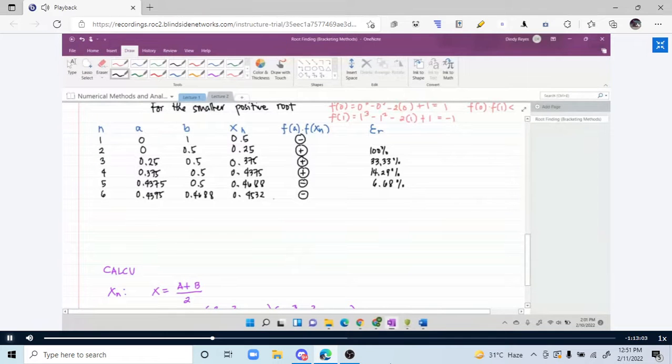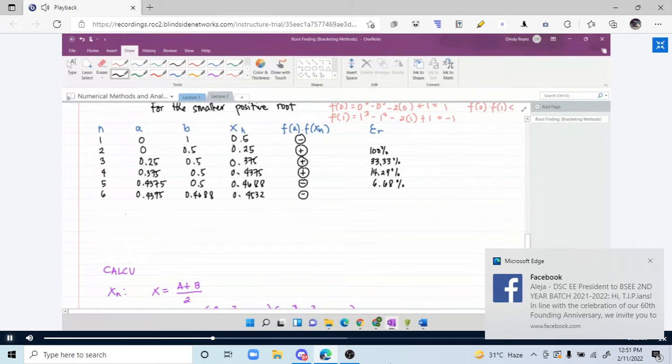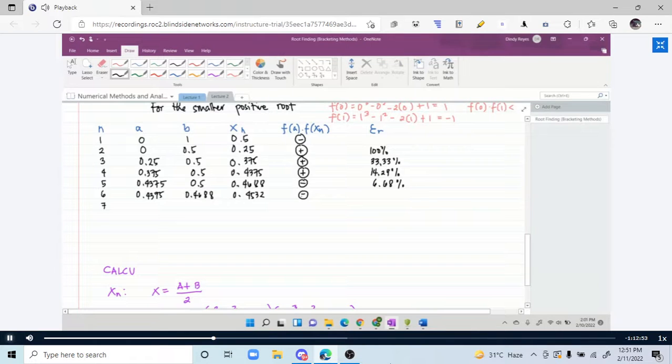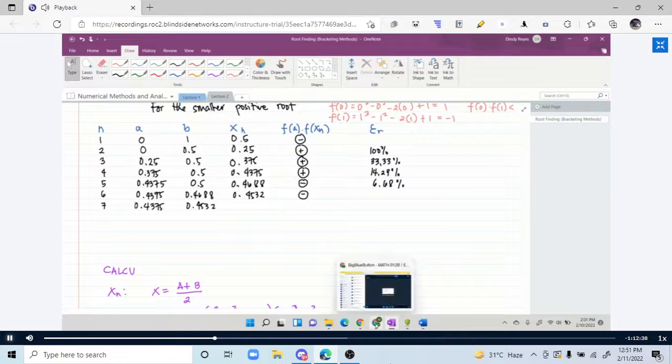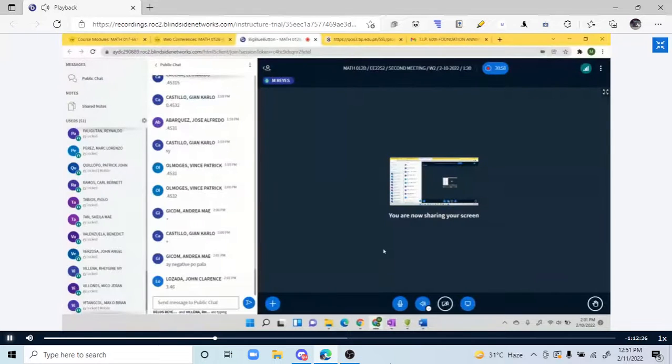Now, kindly compute for the error between these two approximate values. And then we go to the 7th iteration. Since this is negative, what we replace is B. So, A remains to be 0.4375 and now B is 0.4532. Okay, what is the relative error in the 6th iteration?